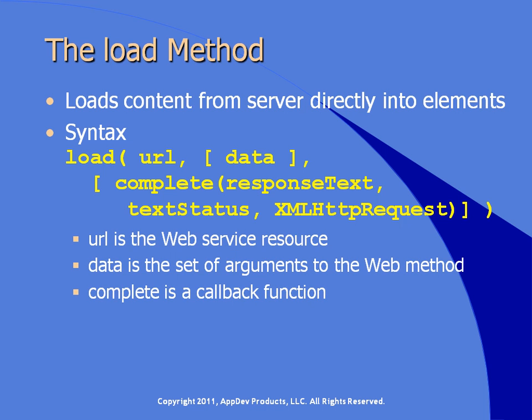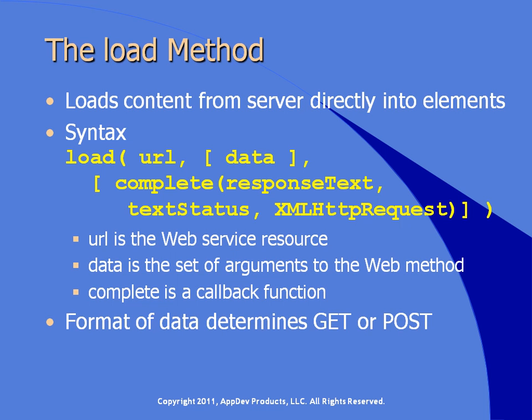Then finally, the complete argument, the third and final argument of the load method, is a callback function to which jQuery will pass the response, status information, and a reference to the XHR object. The XHR object is the object that allows the client-side browser to make a web service call. It handles all of the calls from the client to the server. Now, you won't need to use it very often, but with a reference to the XHR object, you can get additional information about the AJAX call that was just completed.